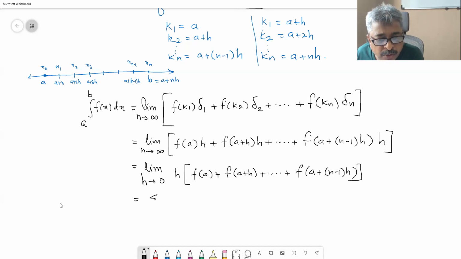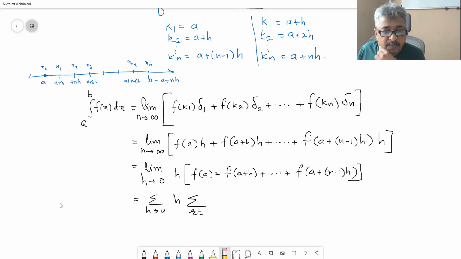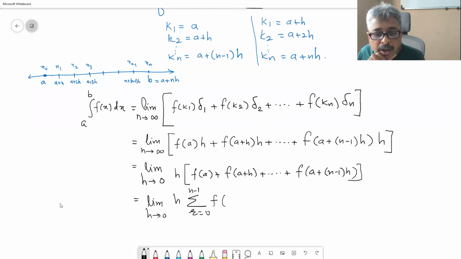So this is equal to limit h tends to 0, h times sigma r goes from 0 to n minus 1 f of a plus rh.